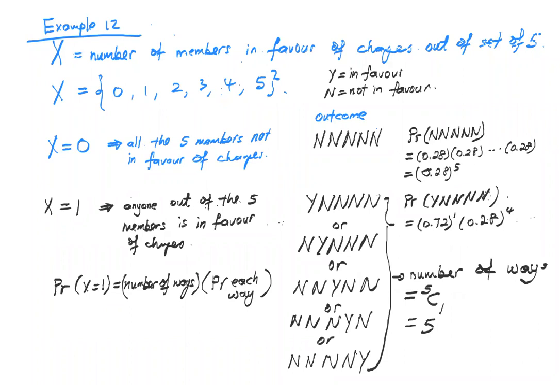So the number of ways will go like that. My n is equal to 5. So 5C1. So this part is the number of ways. Then the probability for each way: 1 success, 4 failure.